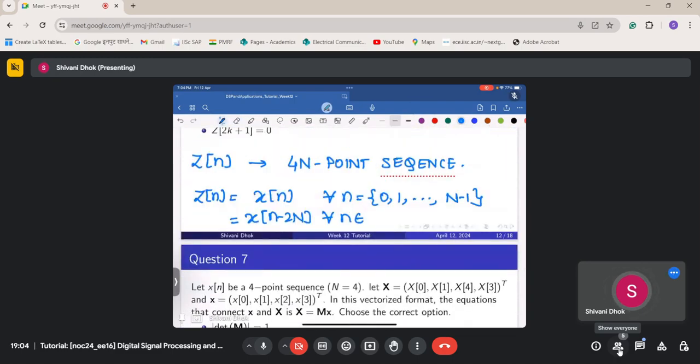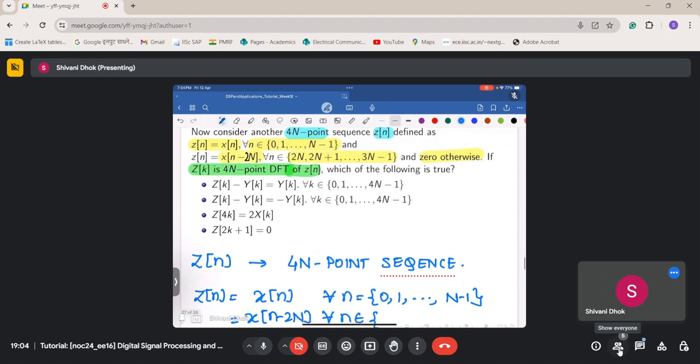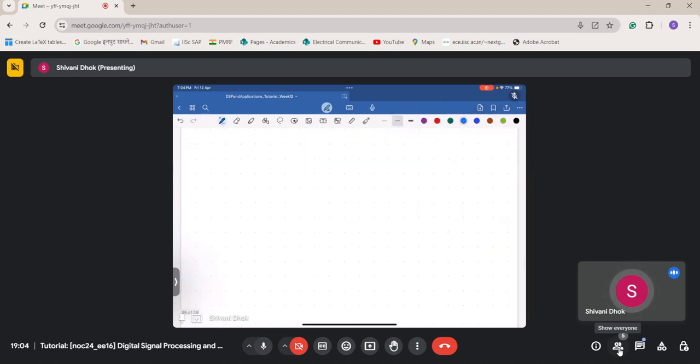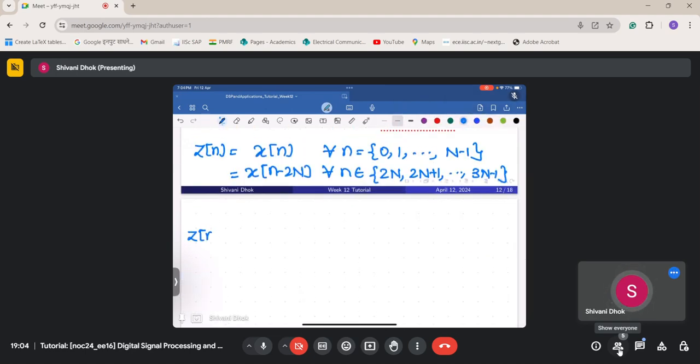Yeah, so x of n minus 2N, this is what I'm having here for n ranging from 2N to 3N minus 1. It is 0 otherwise. So let us first construct this sequence. So this z of n is equal to x of 0 at 0, x of 1 and so on till x of N minus 1.